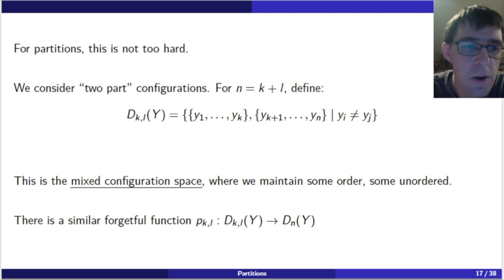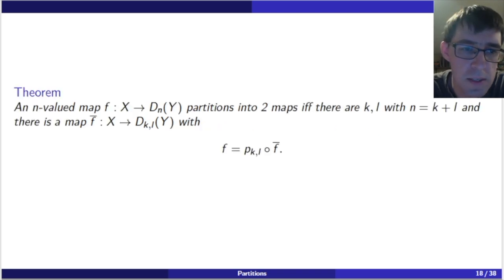All right. And then our theorem about partitions looks like this. If you have an n-valued map, it will partition into two maps if and only if you can get some numbers k plus l, they add up to n, and then f is actually, behind the scenes, equal to some map into this mixed configuration space, to which you apply P. This is where the word partition seemed appropriate to me, just because of this n equals k plus l.